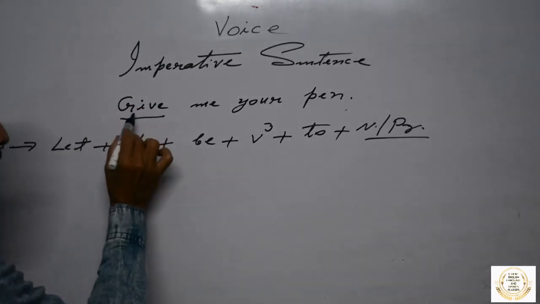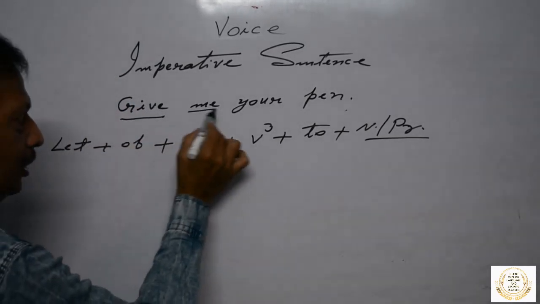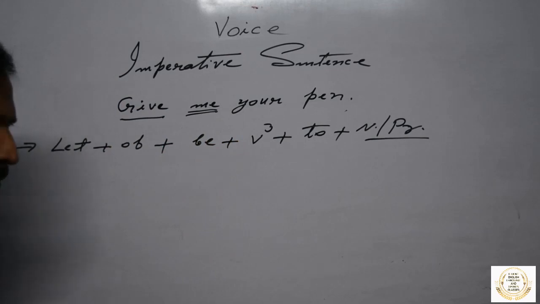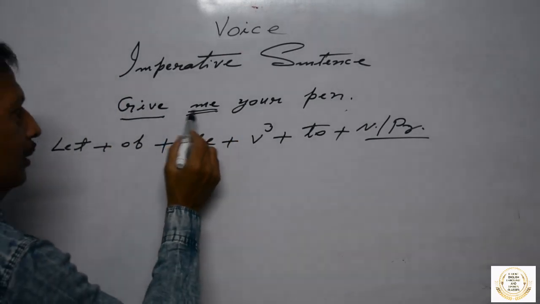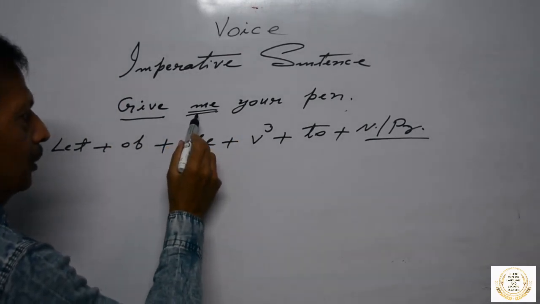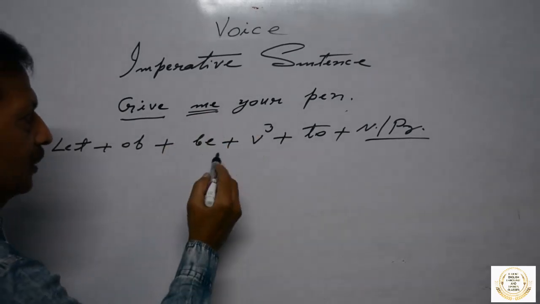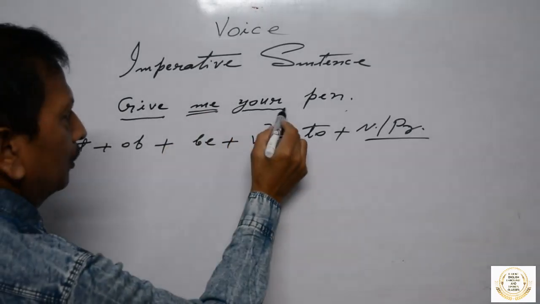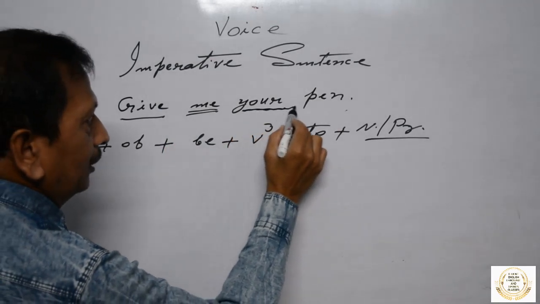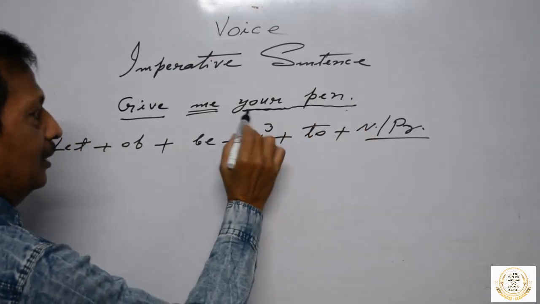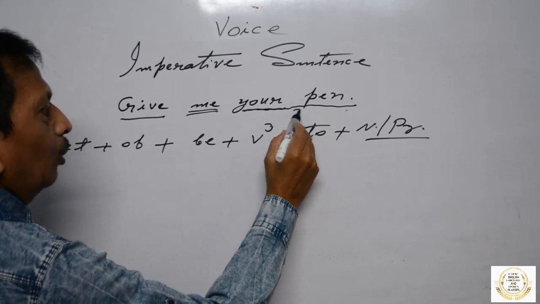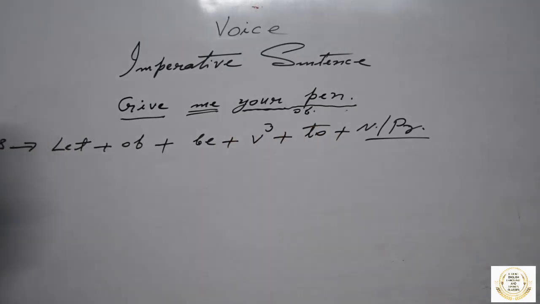Because in this active voice this is pronoun me. It can be him, you, them, any. It is also pronoun, but I am saying your pen, this is actually your object. Okay?